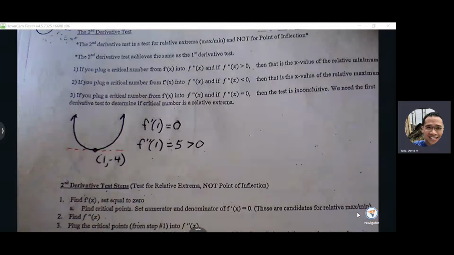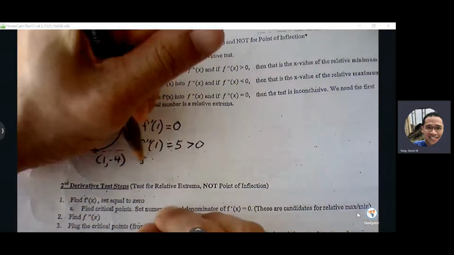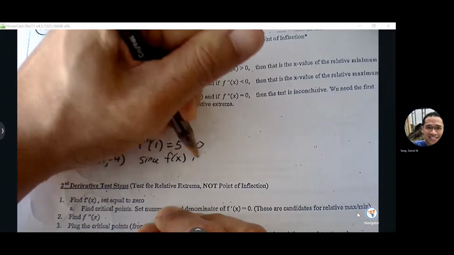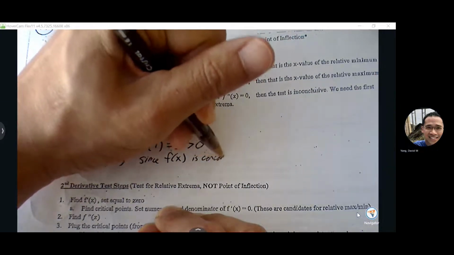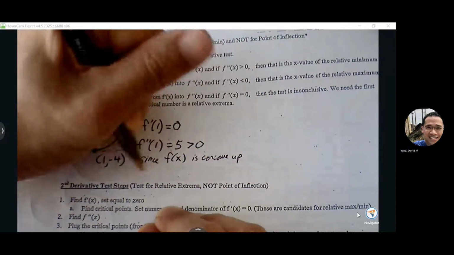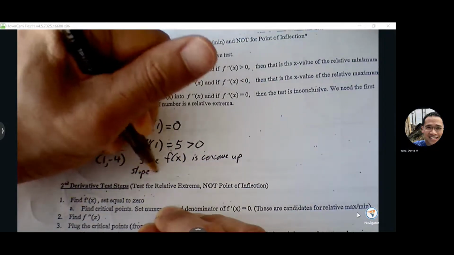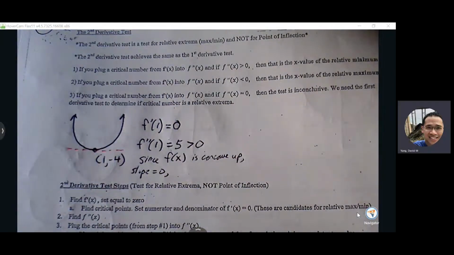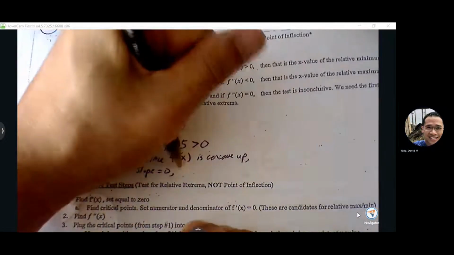So this is what I want us to understand here, that since f of x is concave up, and slope is equal to 0, there must be a relative minimum at x equals 1.